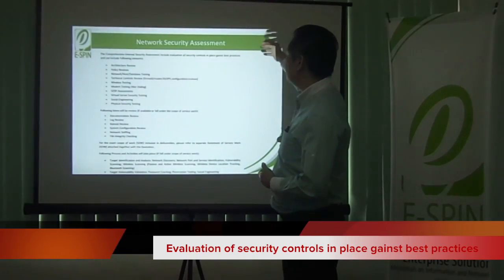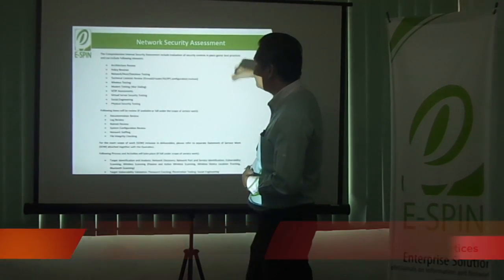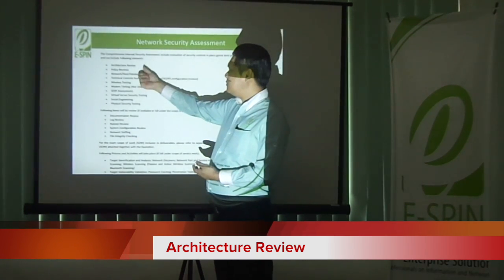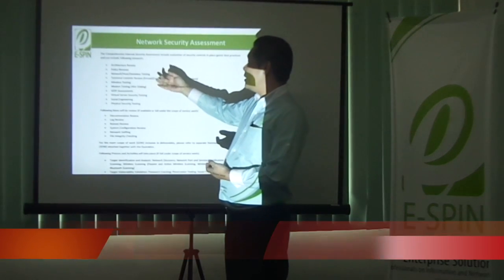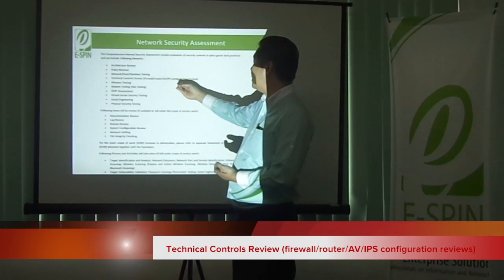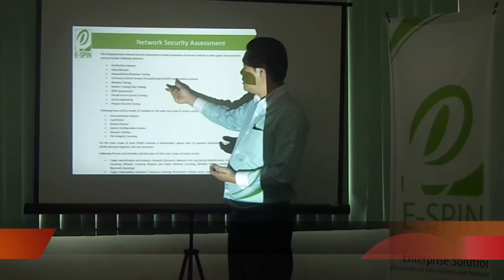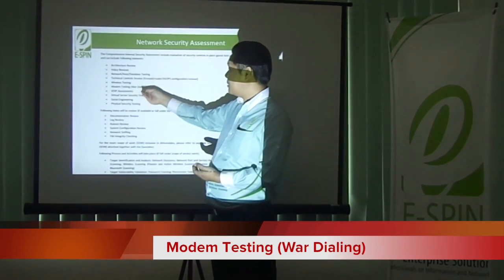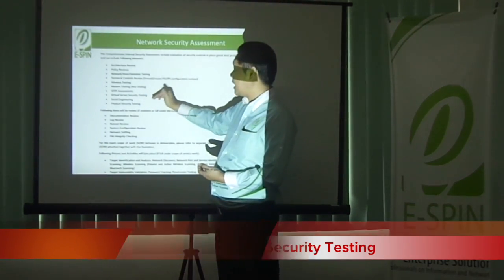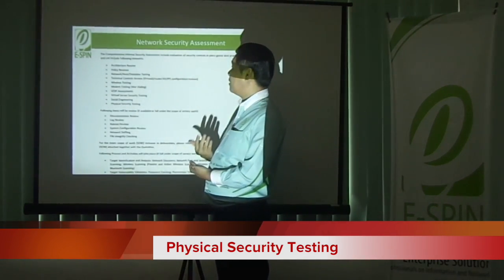The comprehensive internal security assessment includes evaluation of the controls in the best practice and includes the following elements: architecture review, policy review, network host database testing, the technical control review, firewall, router, AV, IPS configuration review, the wireless testing, the modem testing, and then voice over IP assessment, virtual server security testing, social engineering, physical security testing, or any mixing of that.